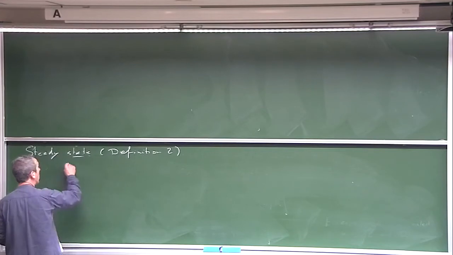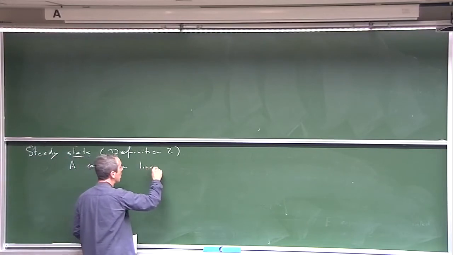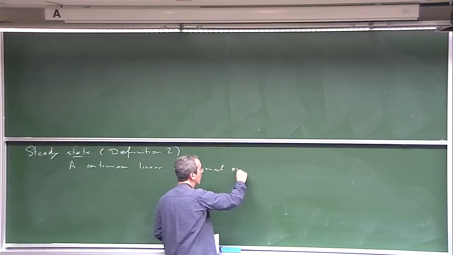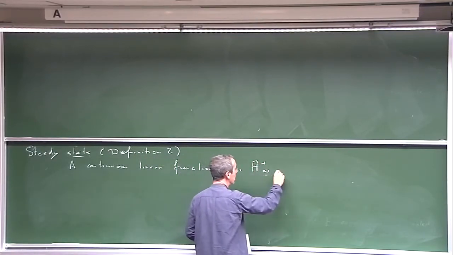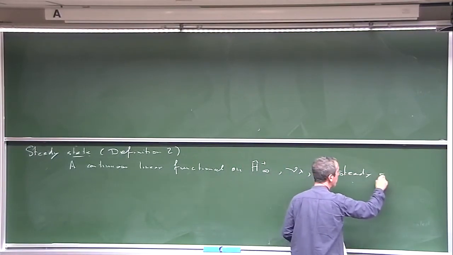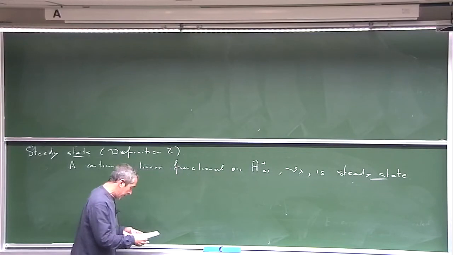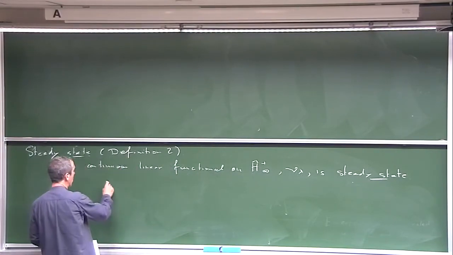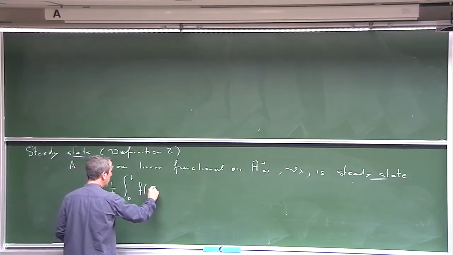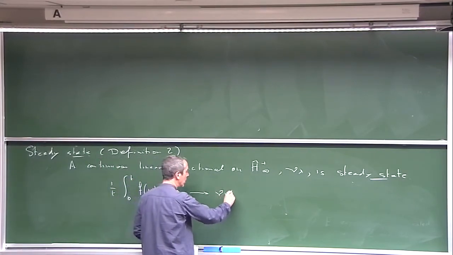So a continuous linear functional on H tilde^{-1,∞}, u_λ, is what we call a steady state, if we have a law of large numbers: 1 over t times the integral from 0 to t of f of ω_λ(s) ds converges to u_λ(f).